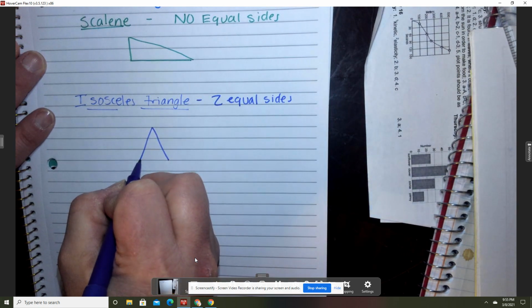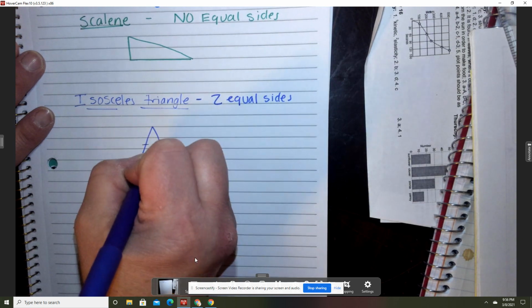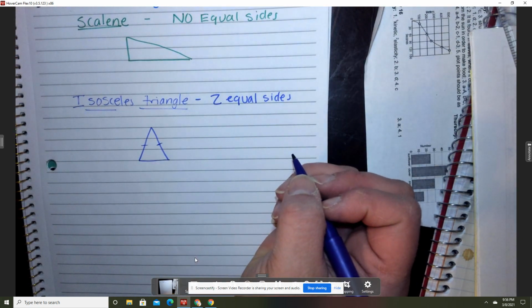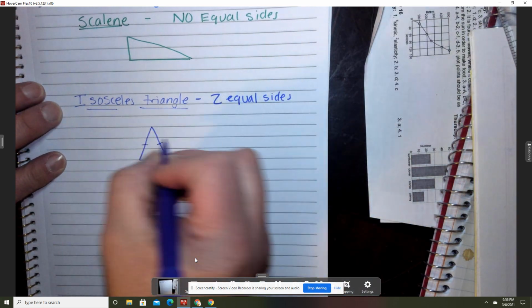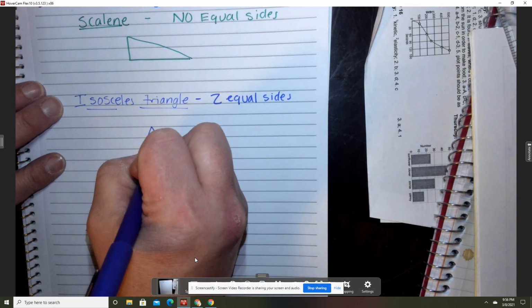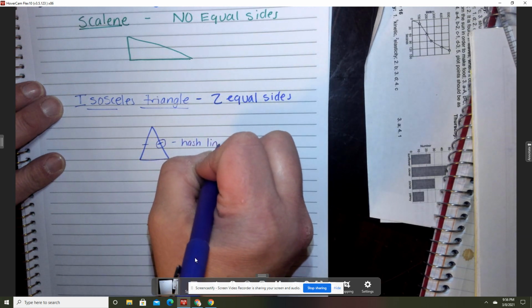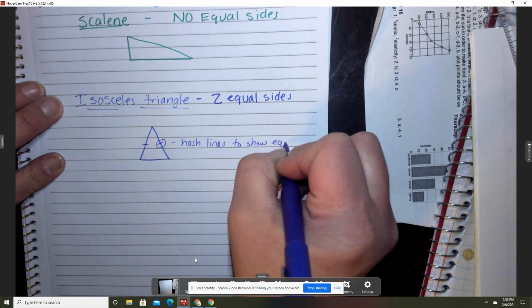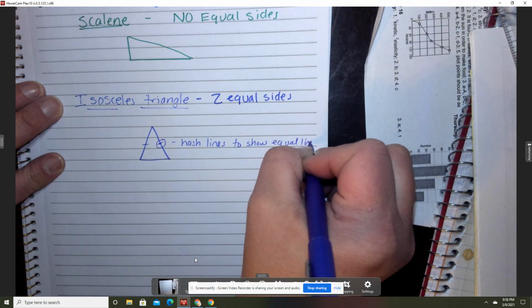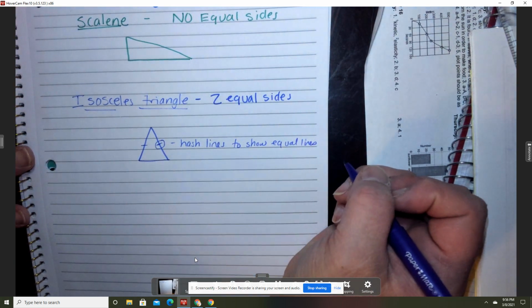Oh yeah, that's pretty good. All right. So we put these little dashes here and it lets you know that those are equal. Both sides are equal. These are called hash lines. Okay, so you see that in geometry a lot. Hash lines to show equal lines.